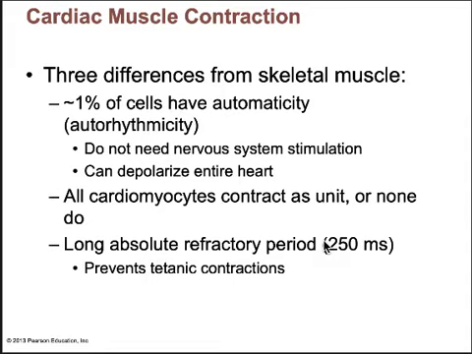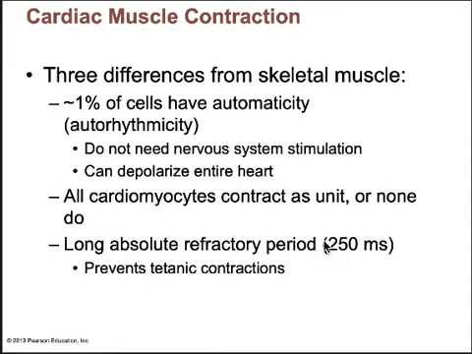The long absolute refractory period is designed to prevent the heart from going into tetany. Because of this, it's impossible to force the heart to beat at a rate that the cardiomyocytes are incapable of, or into anaerobic metabolism as a result of the demand on the rate.